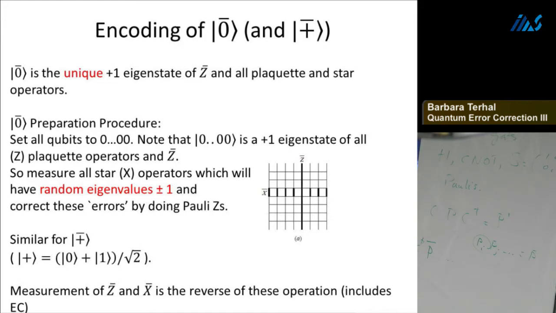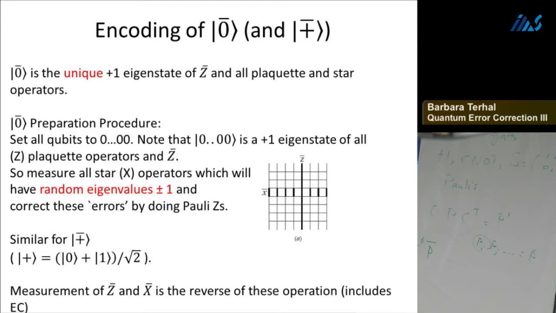So what we do is we start measuring. We could measure the Z plaquette operators and see indeed they get +1 eigenvalue. We measure all the X star operators as well. And these X star operators will have random eigenvalues, because if you just look at 0, 0, 0, 0, and you look at the eigenvalue of this X check, it randomly has eigenvalue +1 or -1.